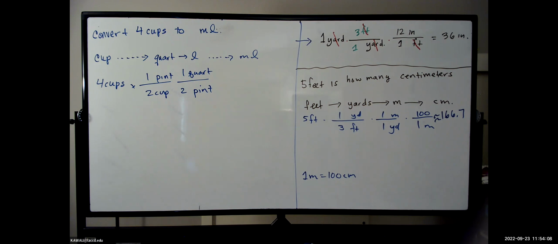One quart is 1 liter. Yes, 1 quart is 1 liter. Yeah, but wait, stop. Let everyone else figure it out, right? Give everyone else time. Okay, got it, that's good, right? But let everyone else have time to think about it.